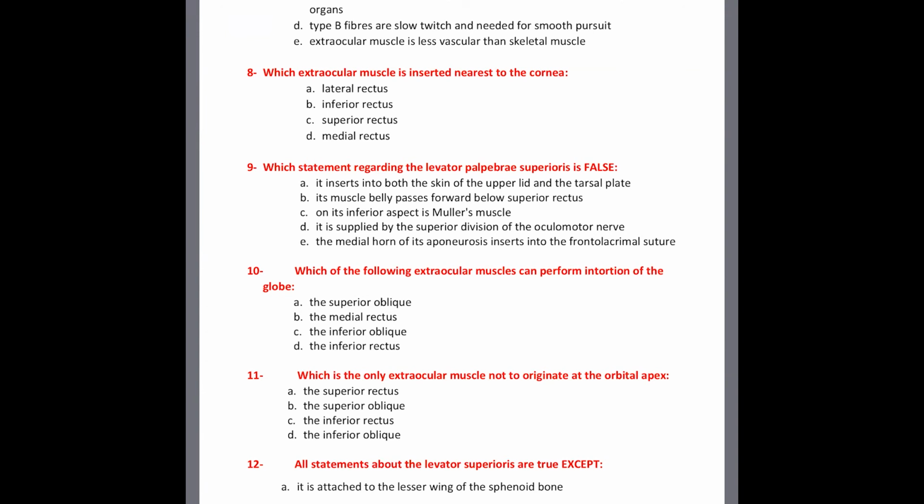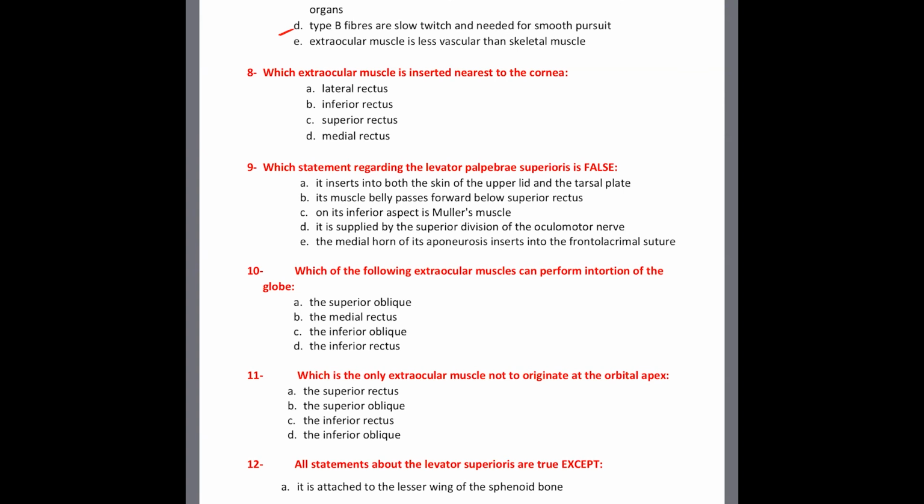I'm not sure if I mentioned this like that or not, but C are responsible for tonic. Also B for tonic or smooth pursuit, or smooth slow movement, and A is responsible for twitch or fast movement, which are responsible for saccadic movement. So A, B and D, they are true.